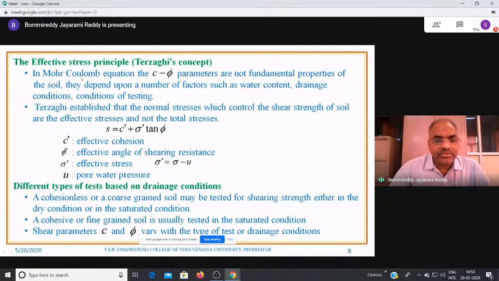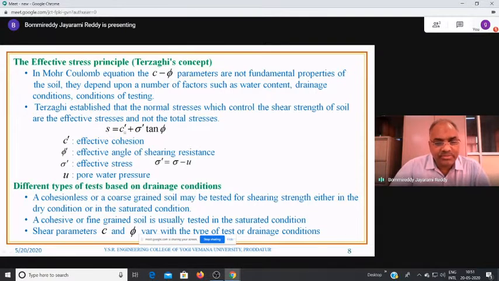In the Mohr-Coulomb equation, C and phi are the two parameters based on total stress conditions, whereas Terzaghi established that the normal stresses which control the shear strength of soil are the effective stresses, not the total stresses.